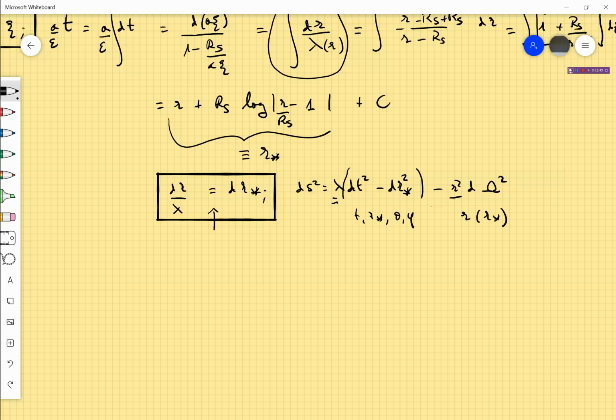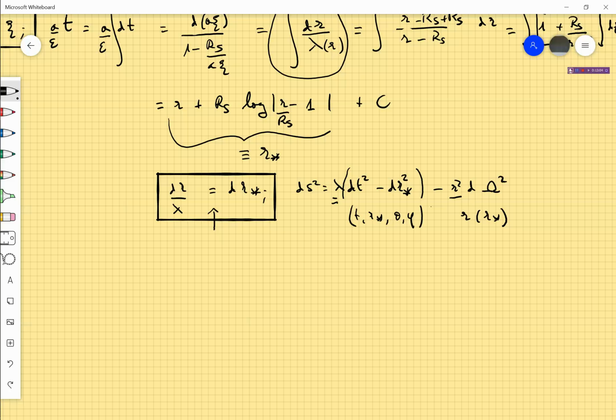We will see other metrics, like the Reissner-Nordstrom metric, in which you can play exactly the same trick, and you can find a bit more complicated form for this r star, but you can still find it. And the same with lambda. Lambda is a function of r, which is itself a function of r star.